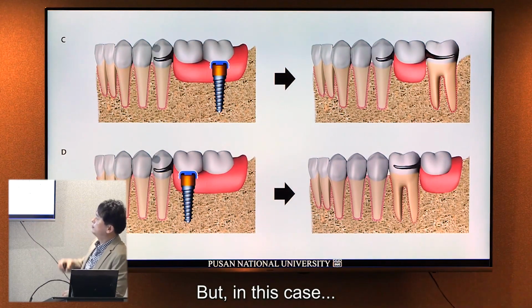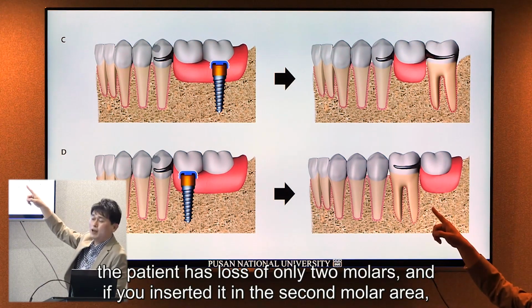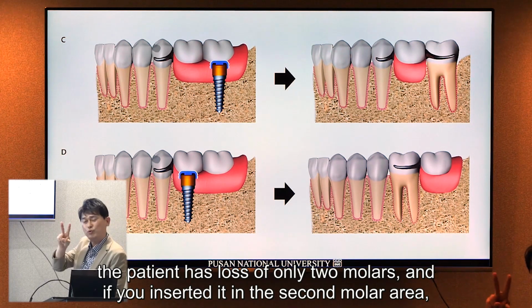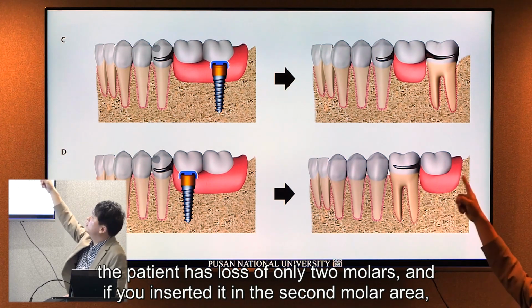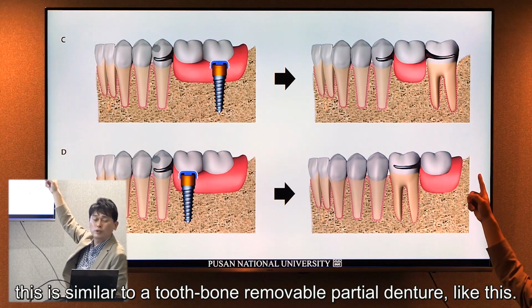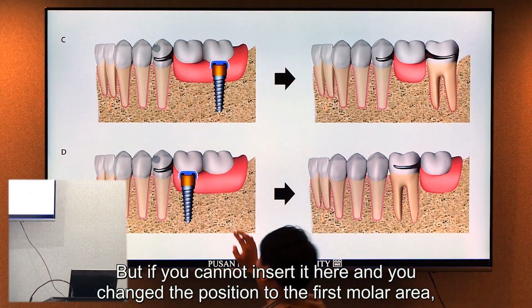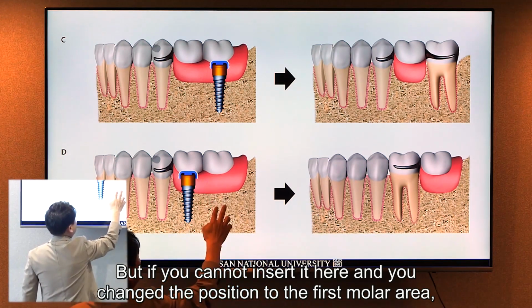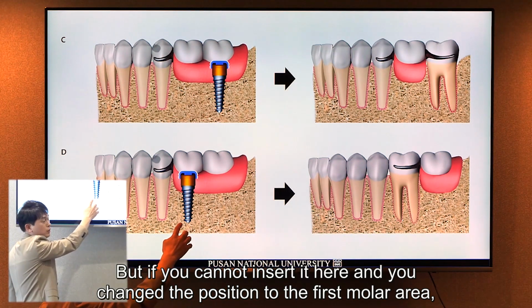But in this case, the patient has lost only two molars, and if you insert the implant in the second molar area, it is similar to the tooth-borne removable partial denture like this. But if you cannot insert it there, you change the position to the first molar area.